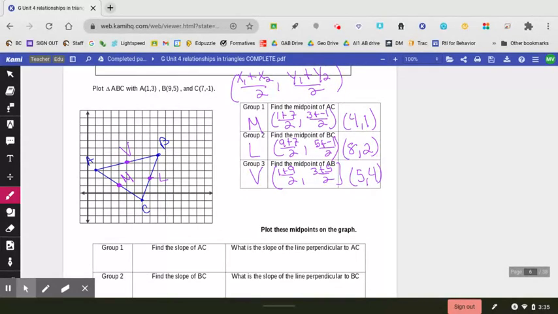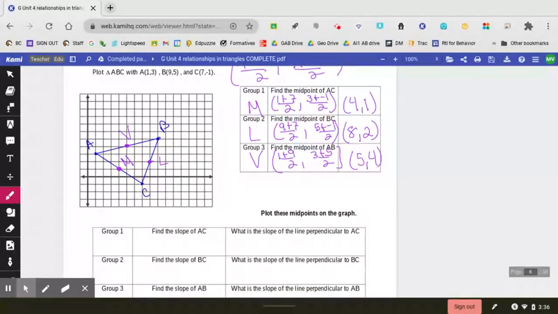Now we want to find the slope of all the lines of our original triangle. So remember, slope is y2 minus y1 over x2 minus x1. So when I'm finding the slope of AC, I'm going to do 3 minus negative 1 over 1 minus 7, because I subtract the y's over subtract the x's. 3 minus negative 1 is 4. 1 minus 7 is negative 6.